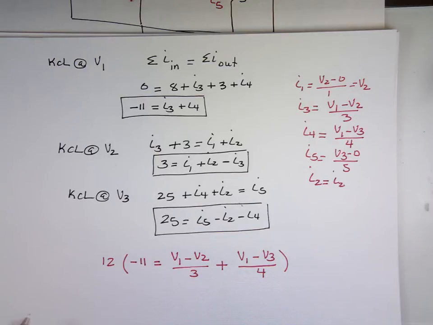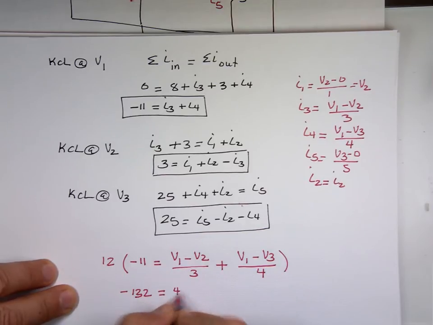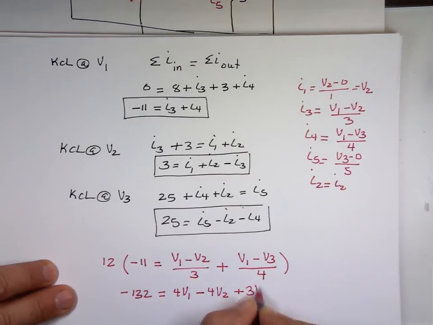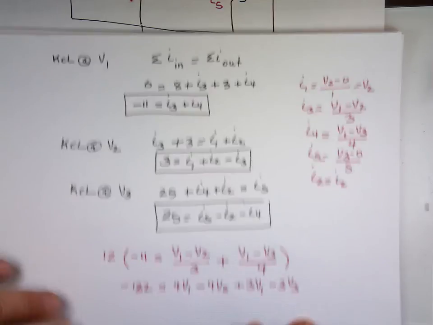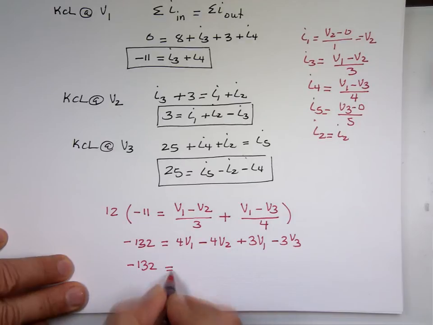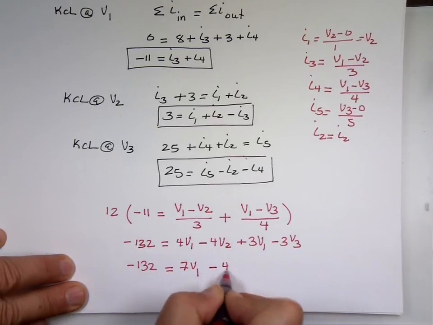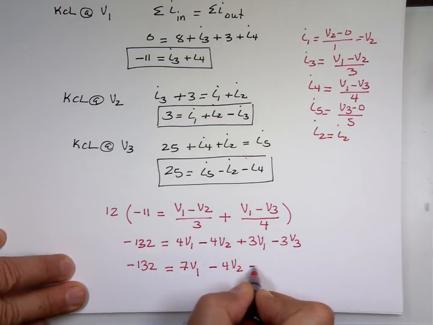Is that negative 132? 4V1 minus 4V2 plus 3V1 minus 3V3. Negative 132 equals 7V1 minus 4V2 minus 3V3.